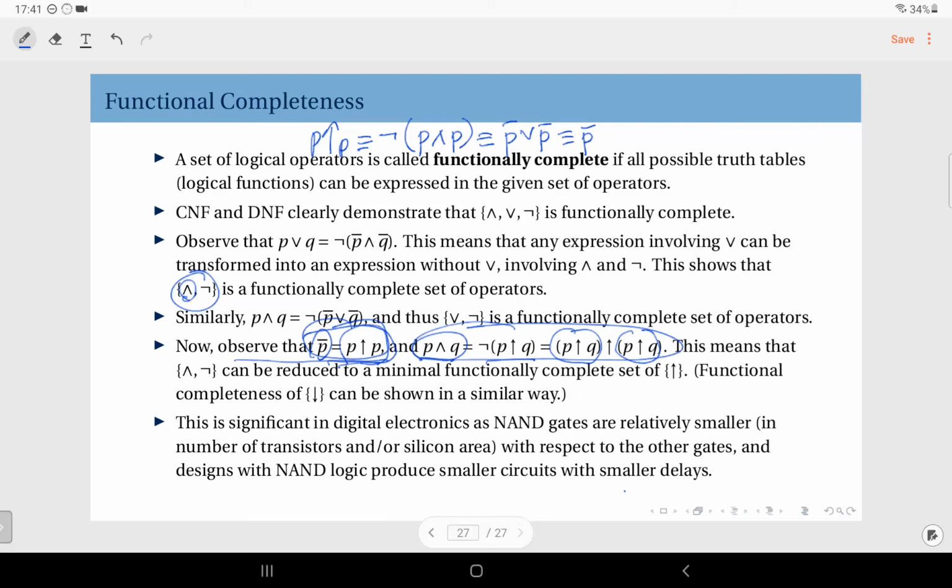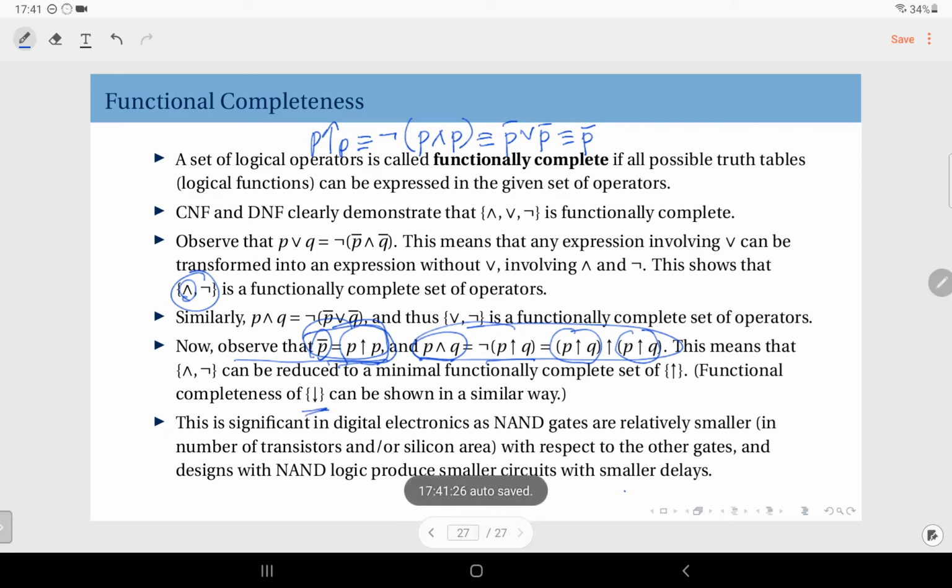Therefore, NAND by itself is functionally complete, right? It's just a single operator, but it happens to be sufficient to represent any propositional function you can give me. In a very similar way, you can prove that NOR has the same property.